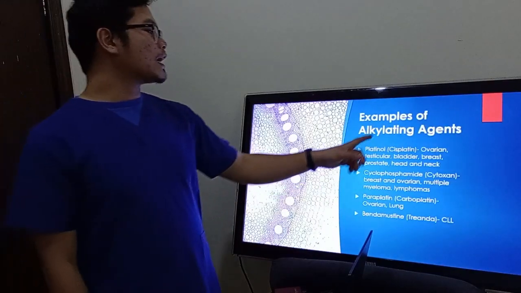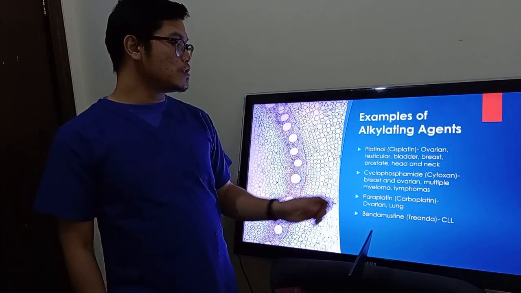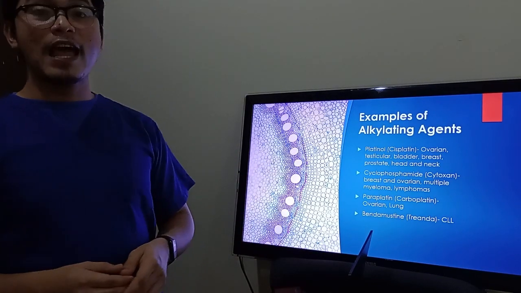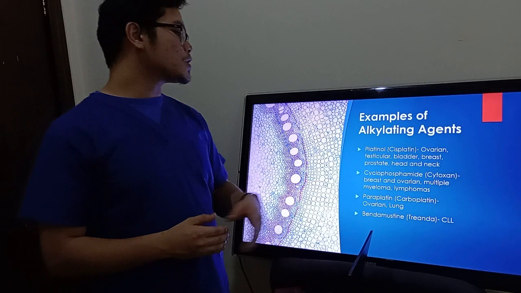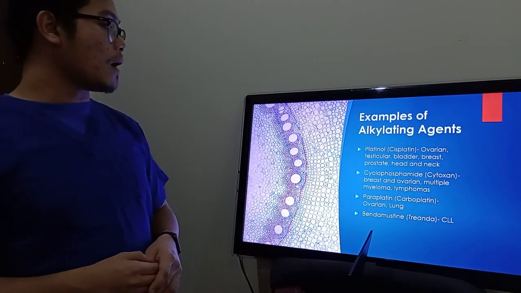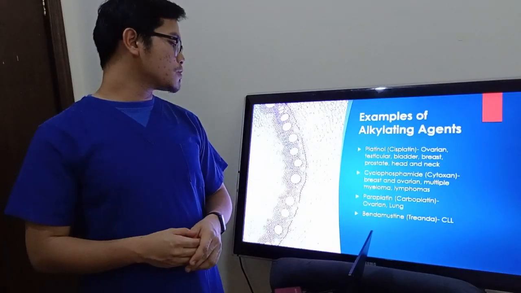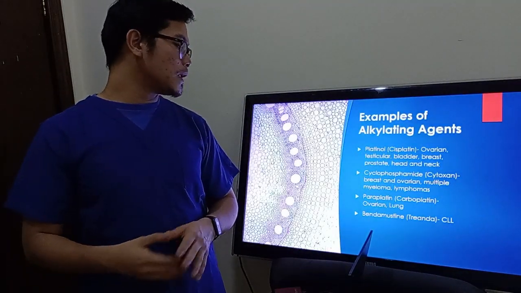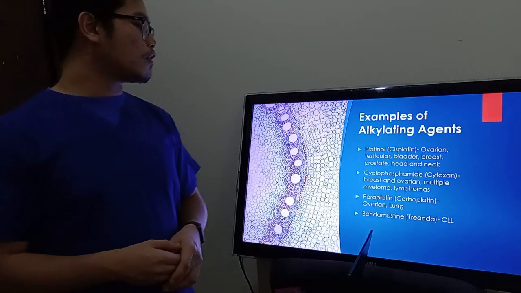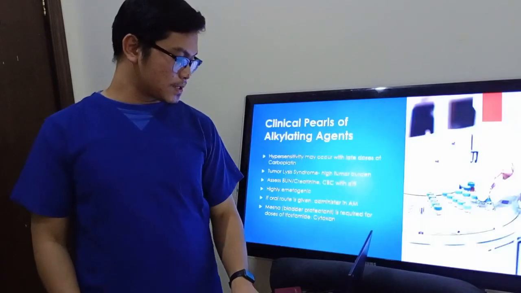Examples of alkylating agents: Platinol, or cisplatin, for ovarian, testicular, bladder, breast, prostate, and head and neck cancer. Cyclophosphamide, or Cytoxan, for breast and ovarian cancer, multiple myeloma, and lymphomas. We also have Paraplatin, or carboplatin, for ovarian and lung cancer, and bendamustine, or Treanda, for chronic leukemias.